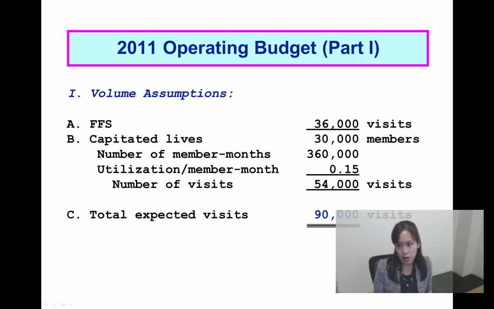To convert the number of capitated lives to number of visits, we do 30,000 members times 12 months times 0.15 visits per month, and that gives us 54,000 visits expected from capitated members. So we have a total of 90,000 visits from both the fee-for-service and the capitated patients.